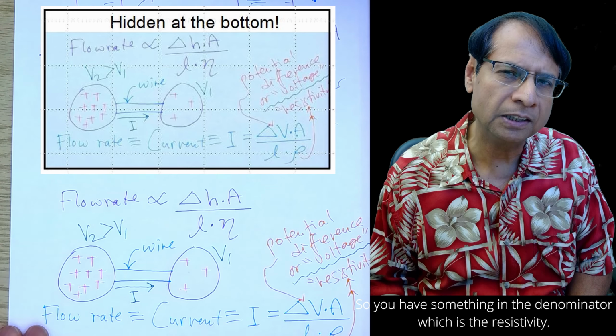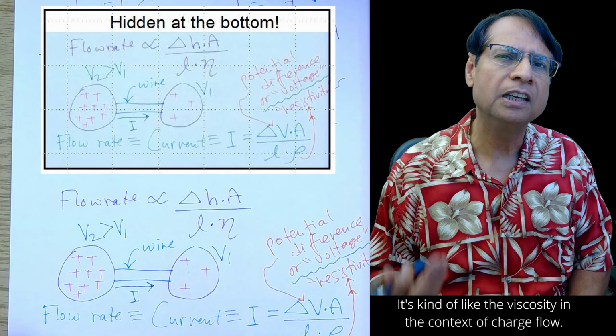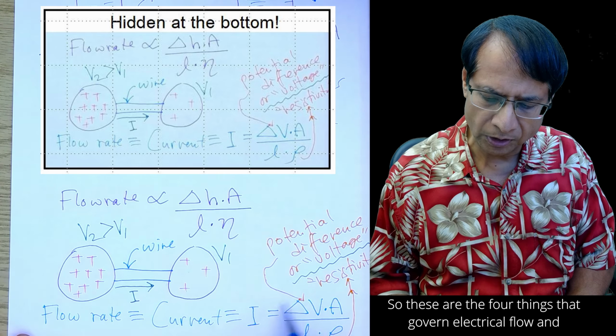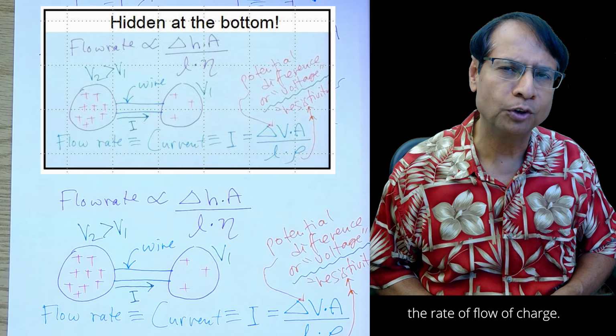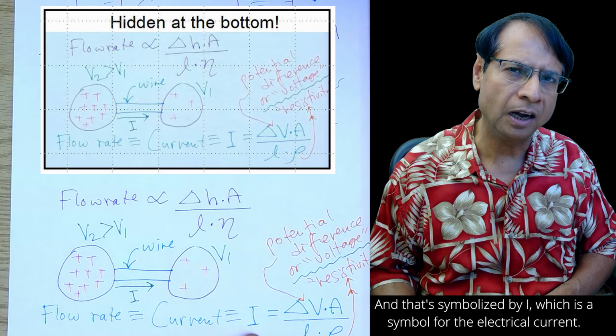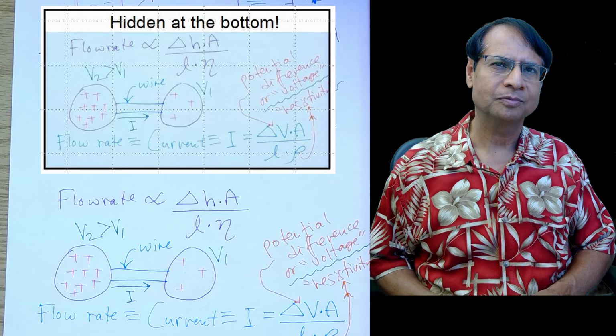So you have something in the denominator, which is the resistivity. It's kind of like the viscosity in the context of charge flow. So these are the four things that govern electrical flow and the rate of flow of charge. And that's symbolized by I, which is a symbol for the electrical current.